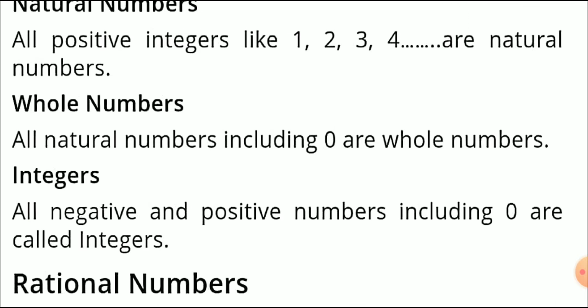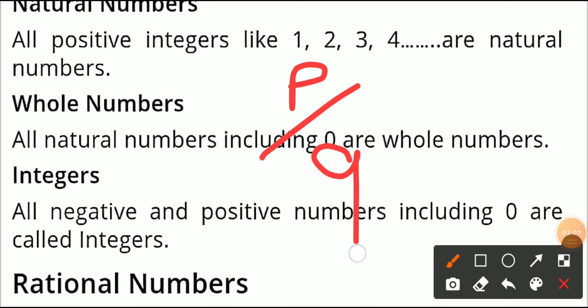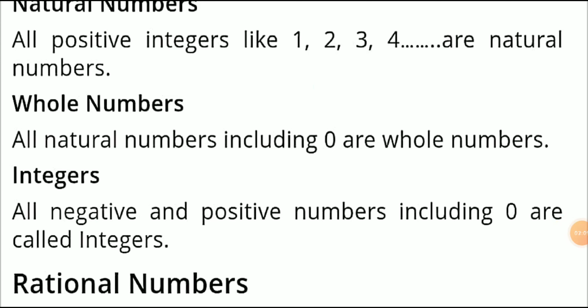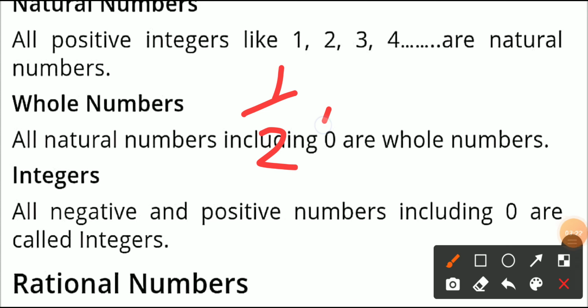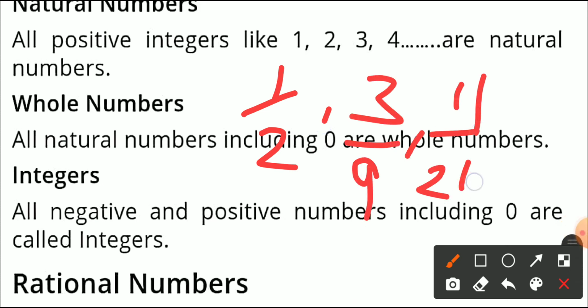Okay, now after that, we are going to discuss rational numbers. Before starting rational numbers, I want to tell you what fraction numbers are. Fraction numbers are the numbers which are in the form p upon q. In which form? P upon q. These are fraction numbers. In fractions we have seen numbers like 1 by 2, 3 by 9, 11 by 24, etc. Yes or no?